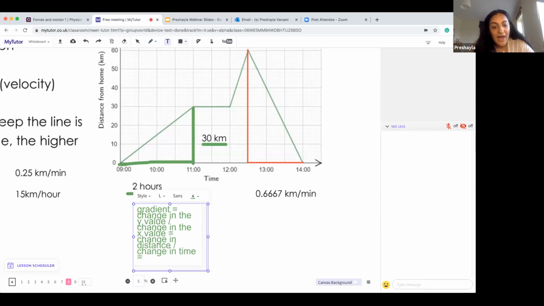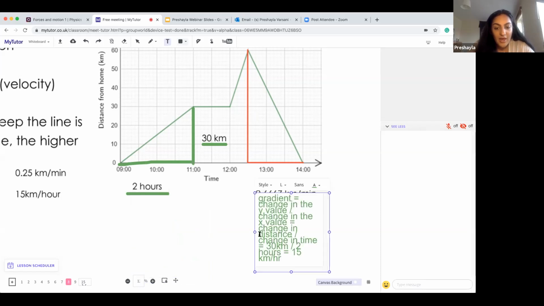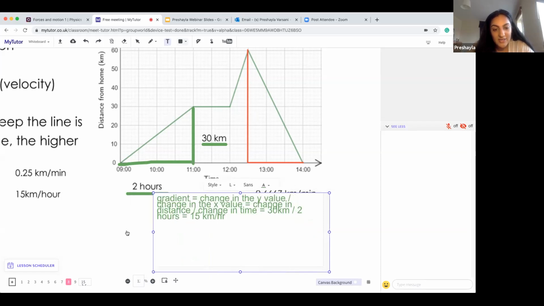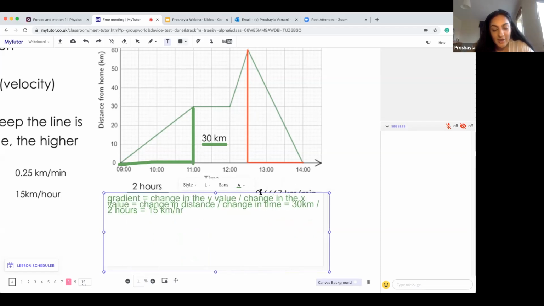And so we have the change in the distance, which is 30 kilometers, divided by the change in the time, which is 2 hours. And so we have 30 divided by 2, which is 15. And we divide the units as well to get 15 kilometers per hour. And that's how you find the velocity from a distance time graph.